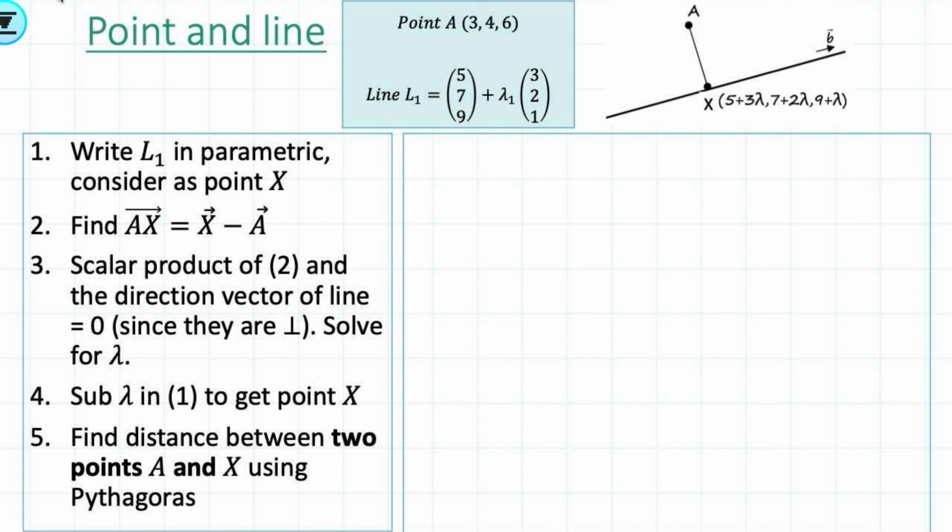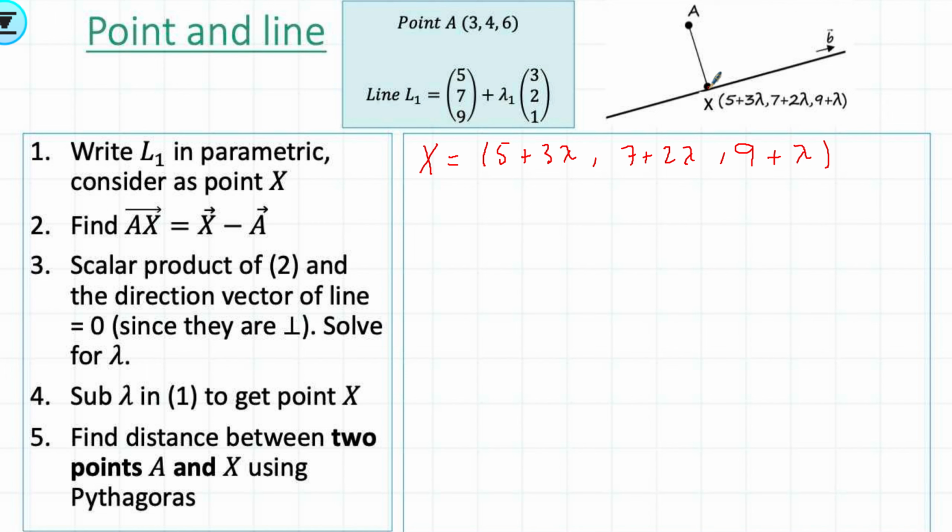What we want to do is pick a point on the line, so we're labeling it as x. We're saying that this point x has 5 plus 3 lambda for a particular lambda, 9 plus lambda. So we're just writing it in parametric form.